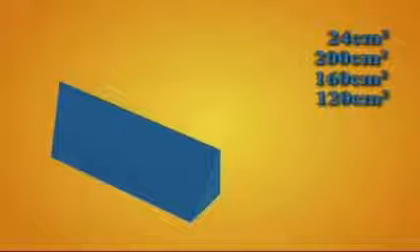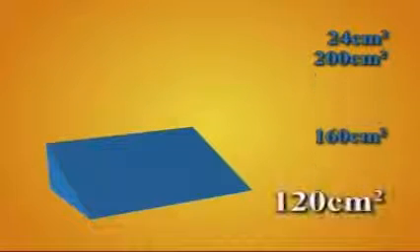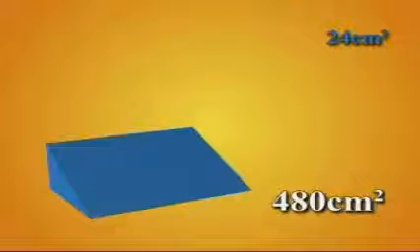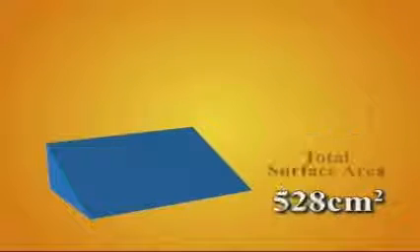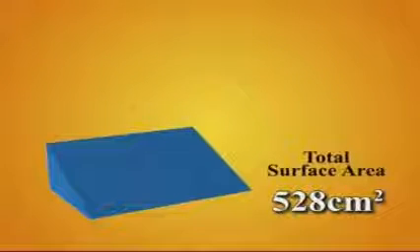Therefore, the total surface area of the wedge would be equal to the sum of the 3 rectangular faces and the 2 triangular faces. This gives us 528 centimeters squared.